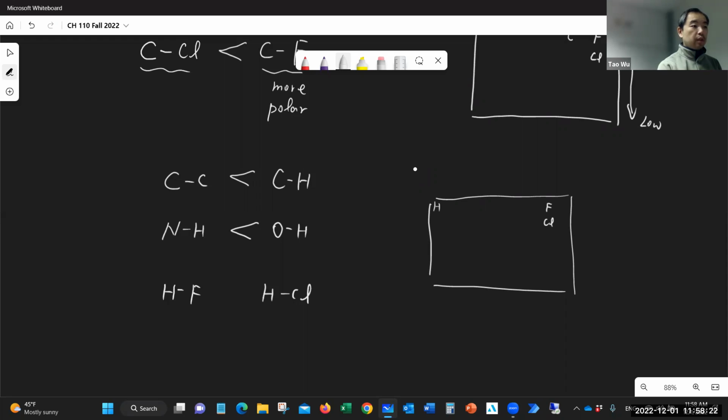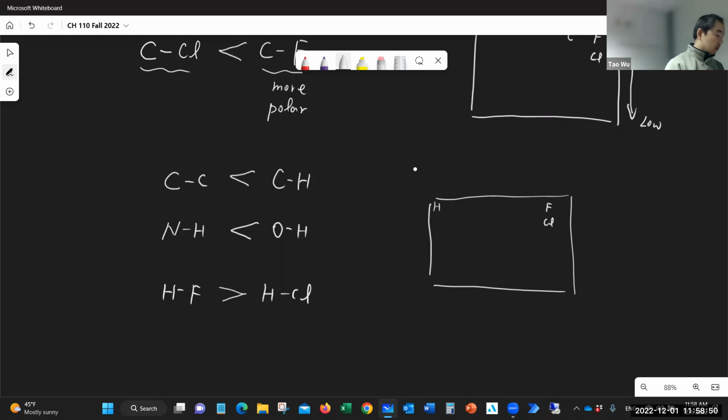So the difference between hydrogen and fluorine should be bigger than between chlorine and hydrogen, because fluorine has a bigger electronegativity than chlorine. So that's why this one should be more polar than the other one.